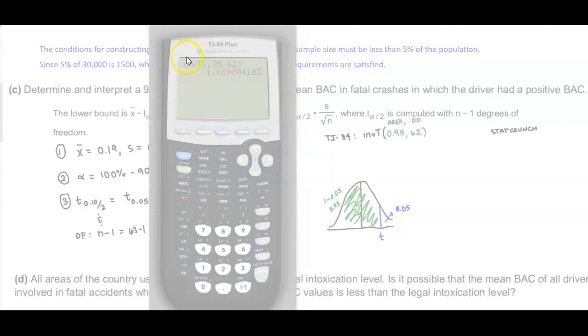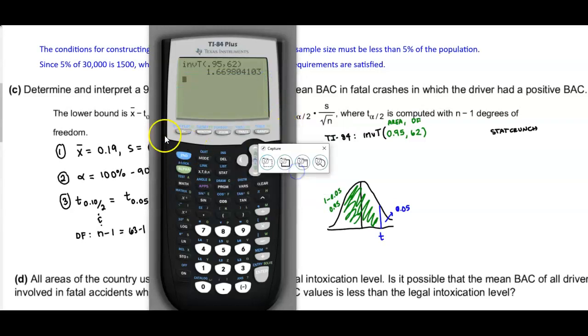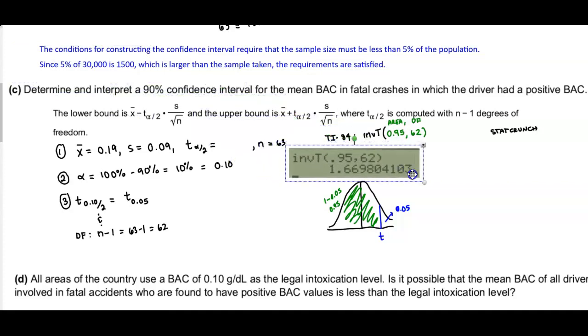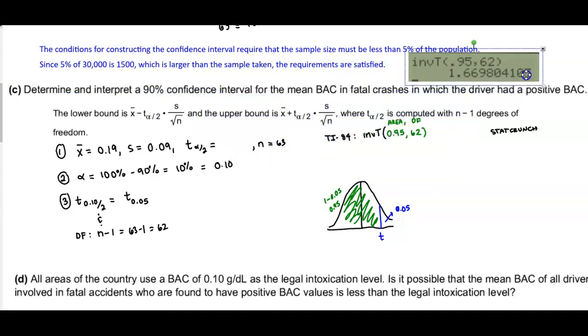And therefore, we're going to get, I'll copy that down there, a critical value of 1.67. We'll round it to 1.67. So that gives us 1.67 as our critical value of T.